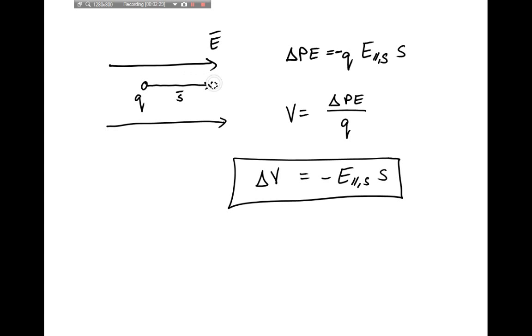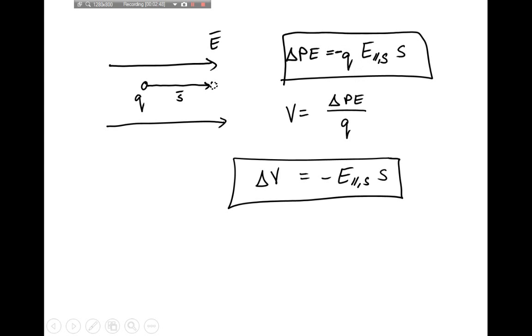So down here we have less potential energy than up here. And when we move in this direction, the electric field and displacement point in the same direction. So that's why there's this negative sign in the voltage and in the potential energy. I think I may have left out that negative sign when I talked about potential energy earlier.